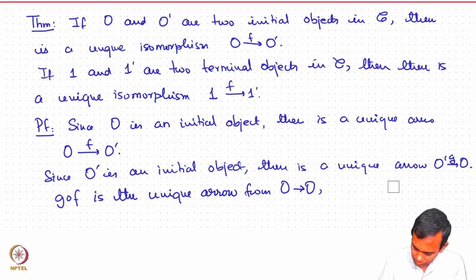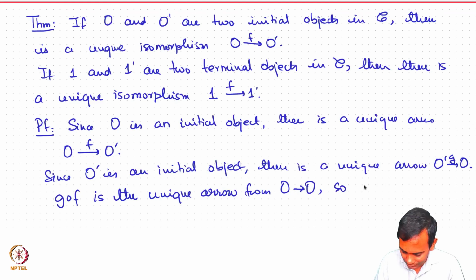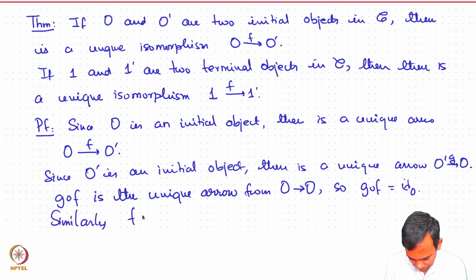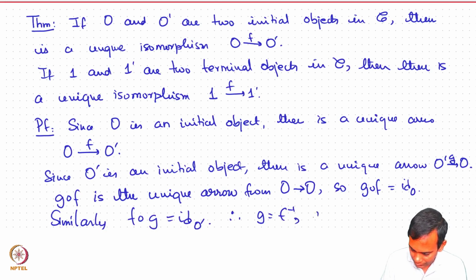Because from 0 to 0 there must be an identity arrow, so g circle f is identity of 0. And similarly f circle g is identity of 0 prime. Therefore g is the inverse of f and f is an isomorphism.